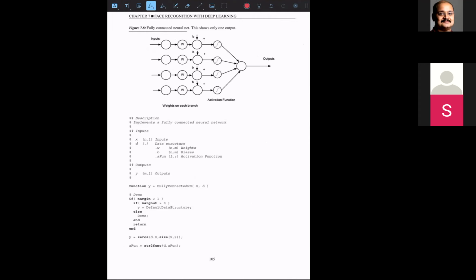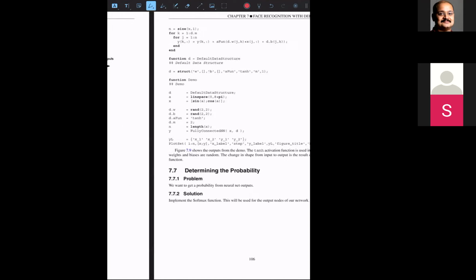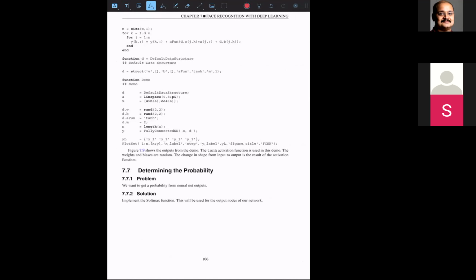So you have an input, that input gets multiplied with W, and then you add some type of bias, and then you feed all that to a nonlinear function, which could be a ReLU, or a tanh function, or a sigmoid function, and then find the output and combine everything together. So the next code is that. And now what I want you to do is please run the demo.